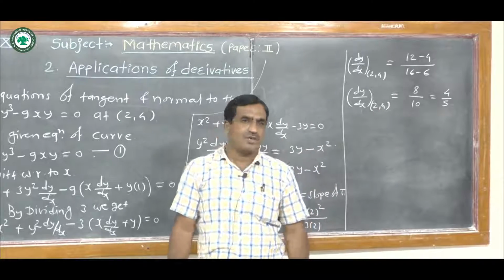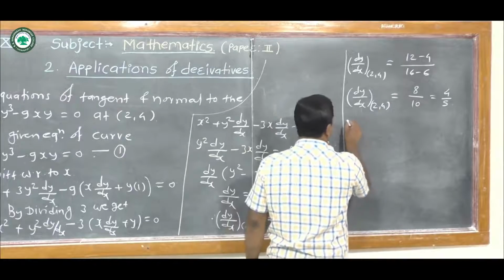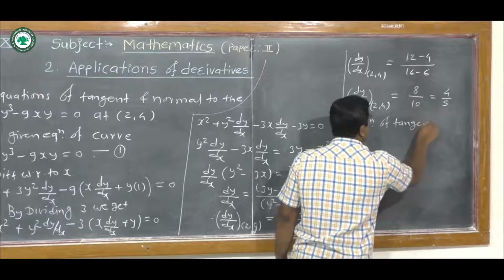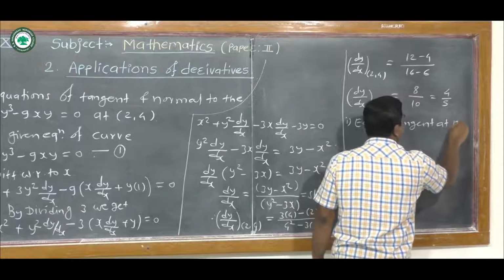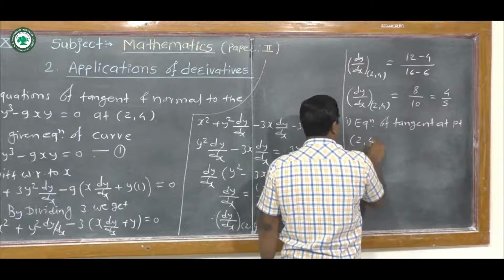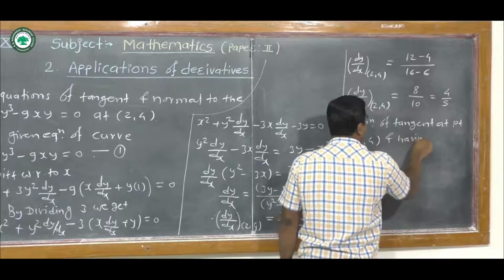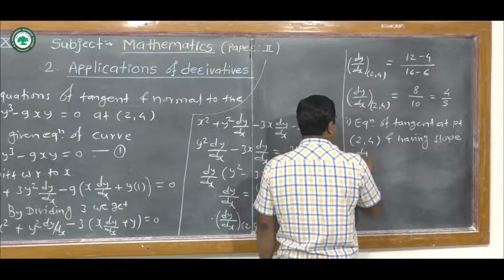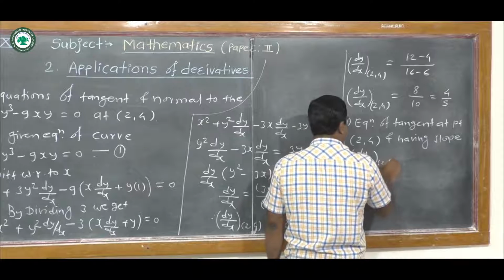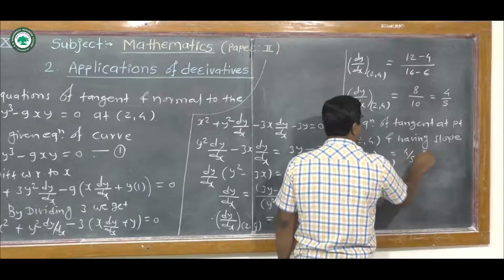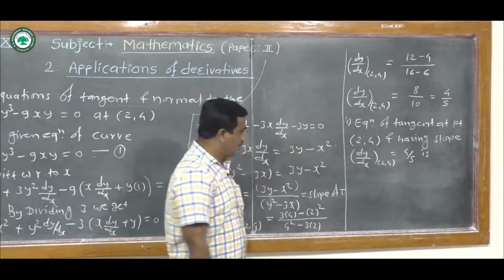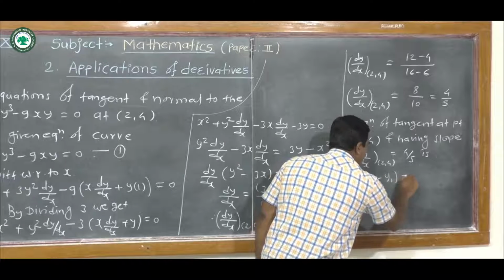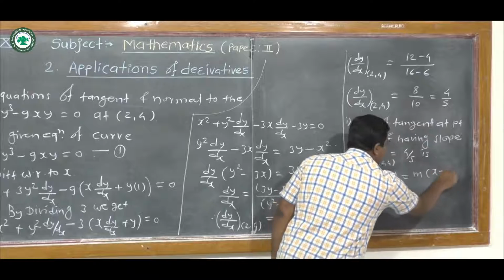Now we can find equation of tangent. Number first, equation of tangent at point (2, 4) and having slope dy by dx at (2, 4) is equal to 4 by 5 is, by using formula again, equation of line in slope point form, y minus y1 equal to m into x minus x1.